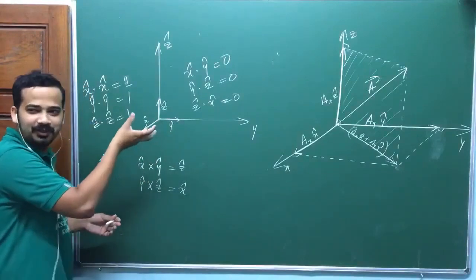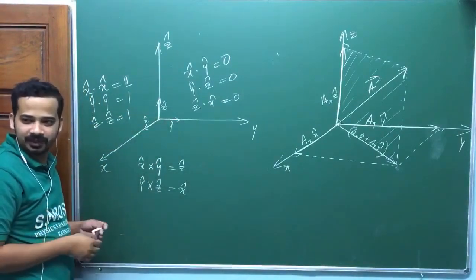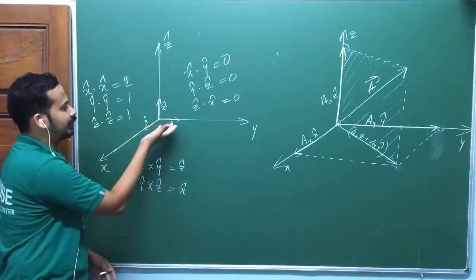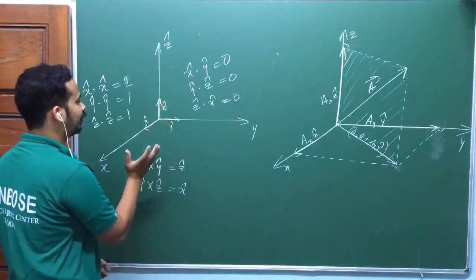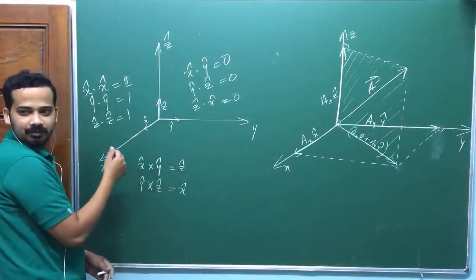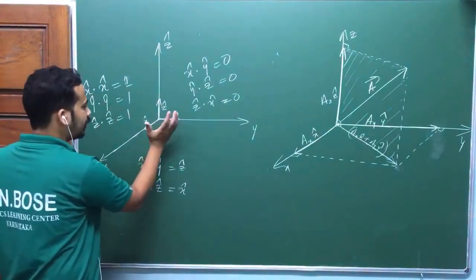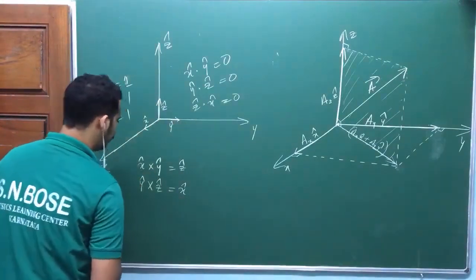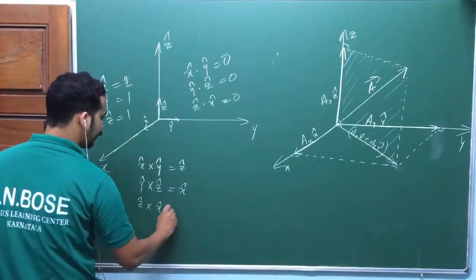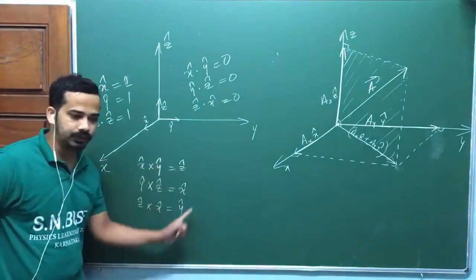I feel better with a scribble rule. To show three dimensions, I have drawn slightly like this. Similarly, z cap cross x cap is equal to y cap. The coordinate system should be drawn so that it follows this.